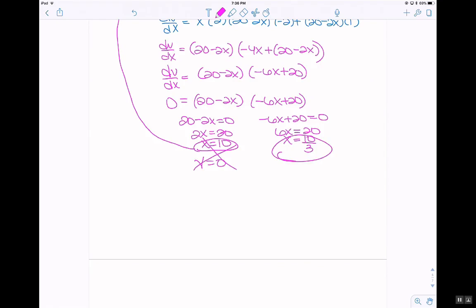I could use the second derivative test to see whether or not x equals 10/3 works. It's okay for you to proceed without testing it as long as it doesn't ask you to justify your answer. So I would have just gone ahead and said that x is equal to 10/3.